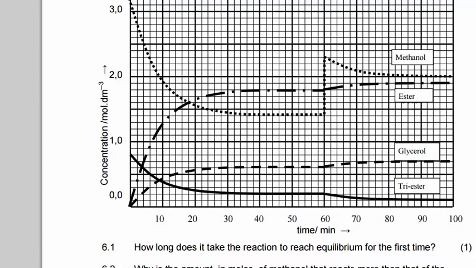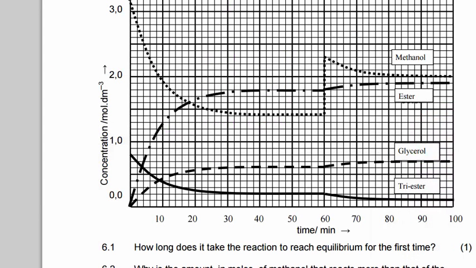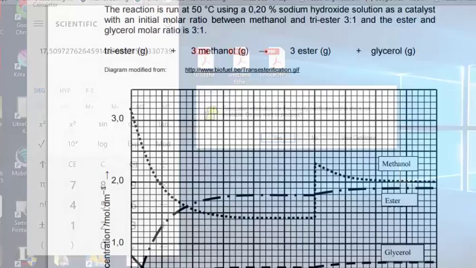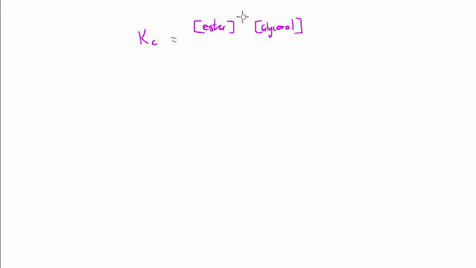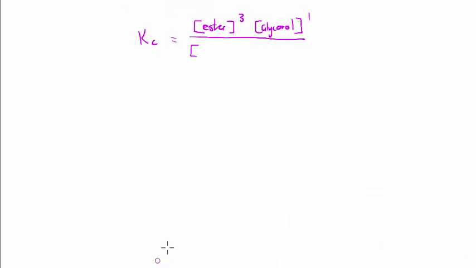Of the ester and glycerol. The ester and glycerol. And don't forget your exponents, because that's where it actually comes in. There's 6 marks, but it's really not difficult to get those 6 marks. Your ester has an exponent of 3, glycerol exponent of 1, divided by the concentration of methanol and triester.